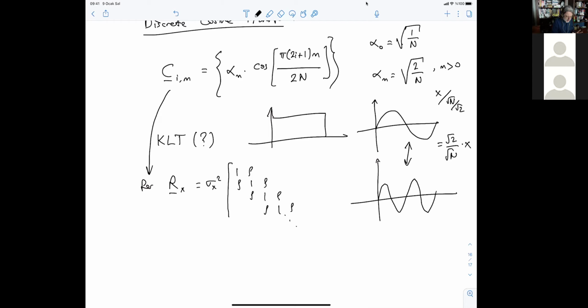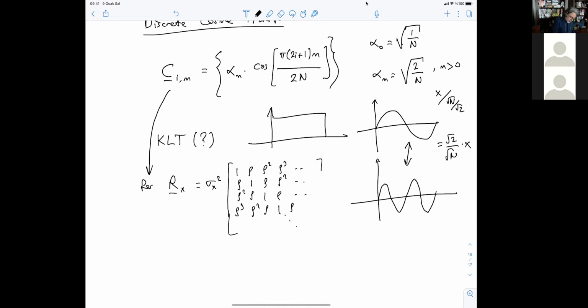So it is an autoregressive 1 sequence with a correlation coefficient of rho. So the second term here will be rho square, and then rho cube, and it goes on like this, rho square, and it goes on like this.